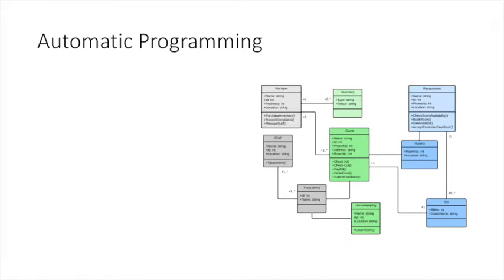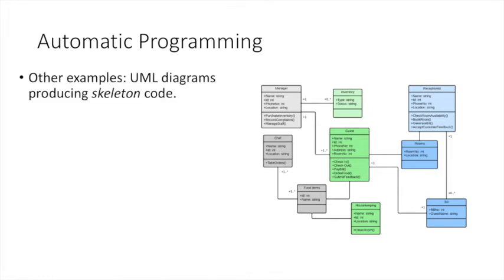Some other modern examples of automatic programming are UML or Unified Modeling Language diagrams, where the programmer draws the skeleton of their functionality via some tools. And once this visual skeleton has been created, the skeleton code is generated automatically behind the scenes.